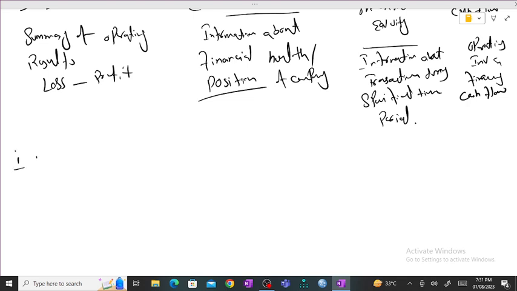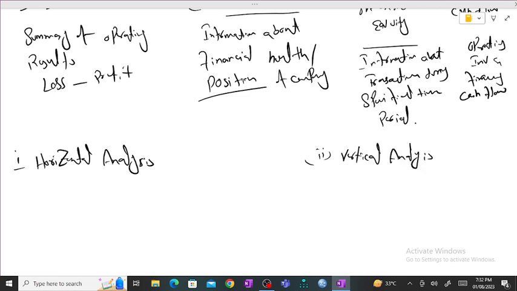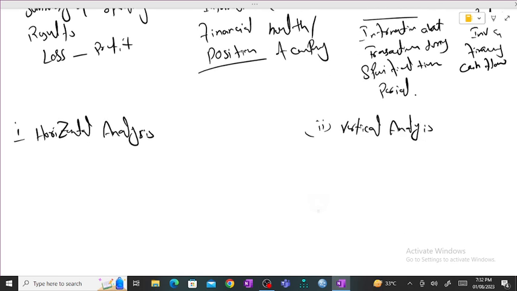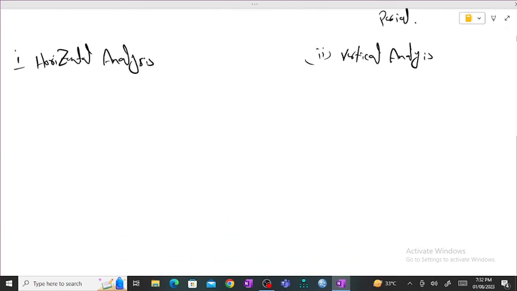The first one is horizontal analysis. The other one is vertical analysis.